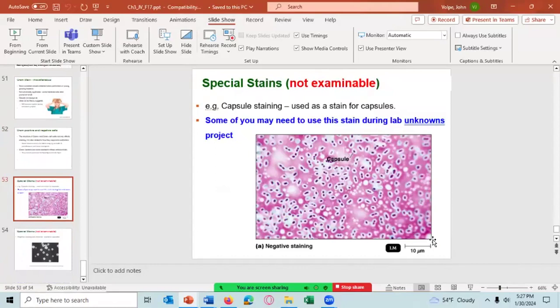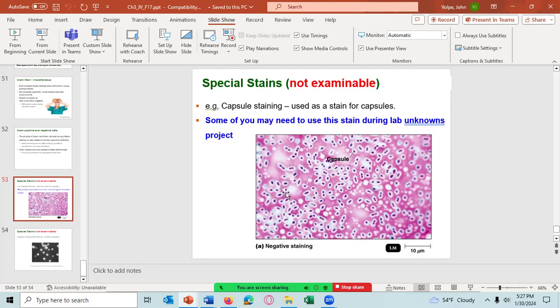I want to briefly talk about special stains. You're not going to be examined on this, but there is one special stain you need to know, and that's the capsule stain, because some of you will be performing the capsule stain for your unknown project. The capsule stain stains the background of the cells, meaning the slide, and the cell.